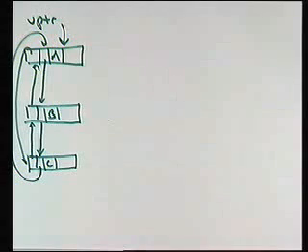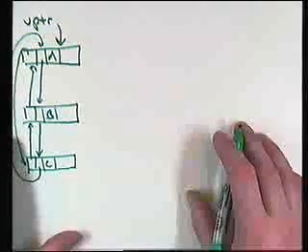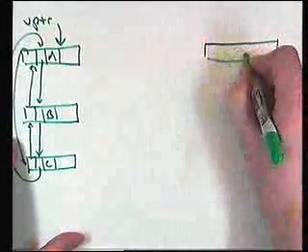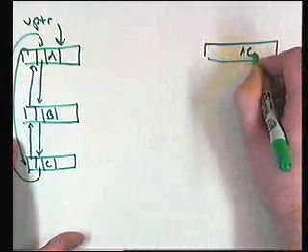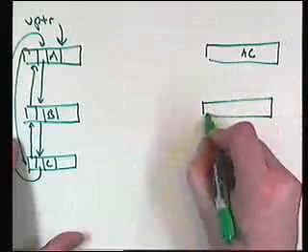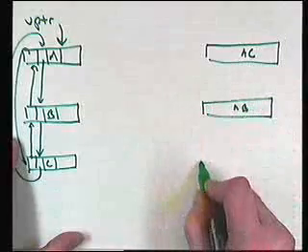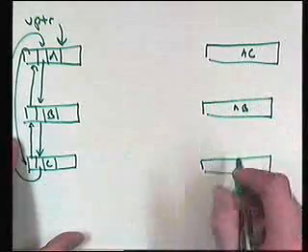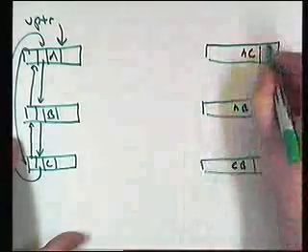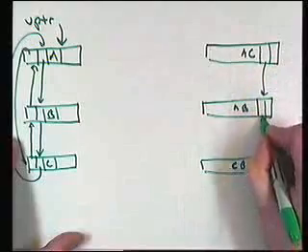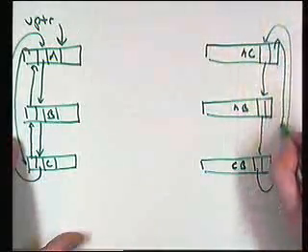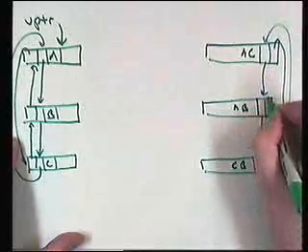So that said, we can do the same thing with the edges. I had an edge from A to C. I'm just going to write AC, meaning the edge from A to C. I had an edge from A to B, and I had an edge from C to B. And we can do the same thing here, where I'll have a doubly and circularly linked list of edges.